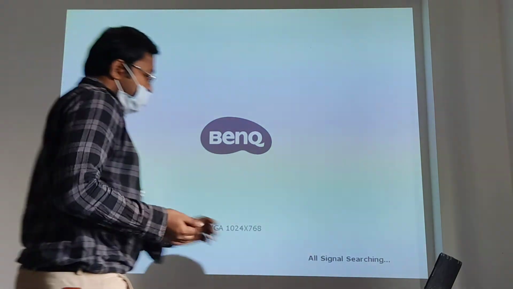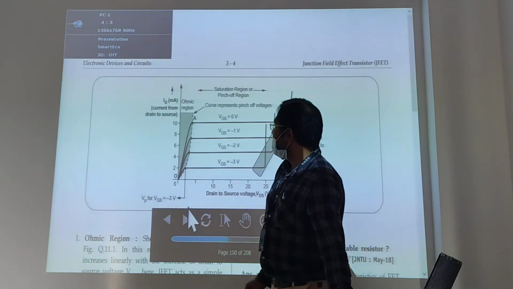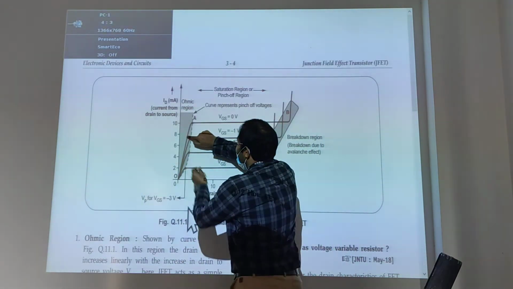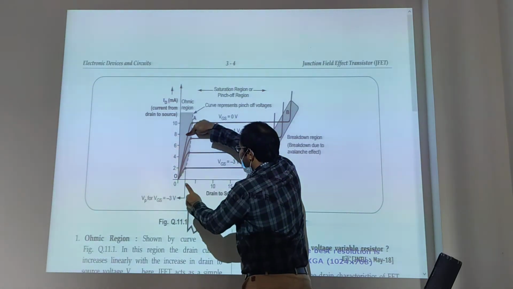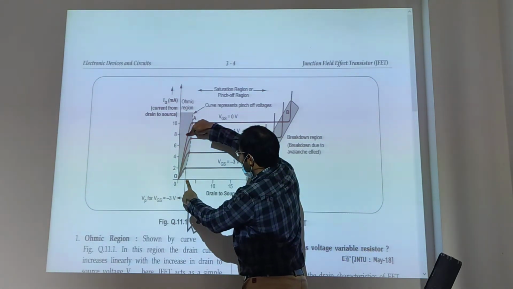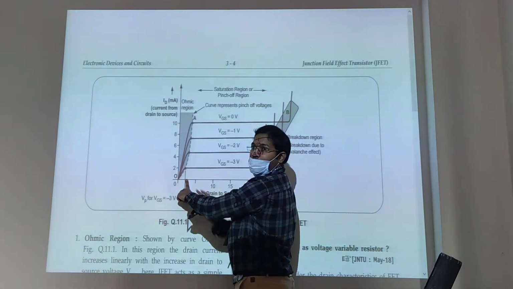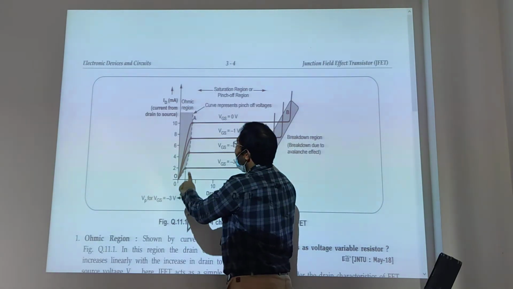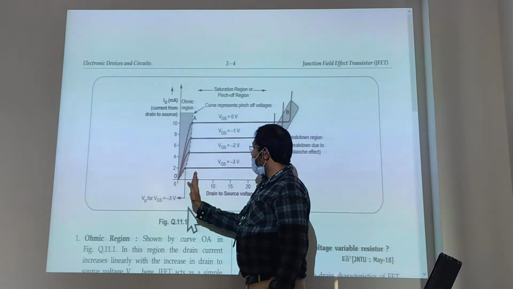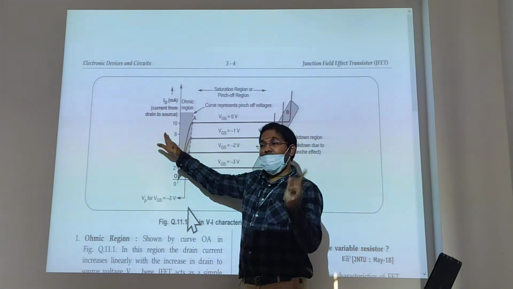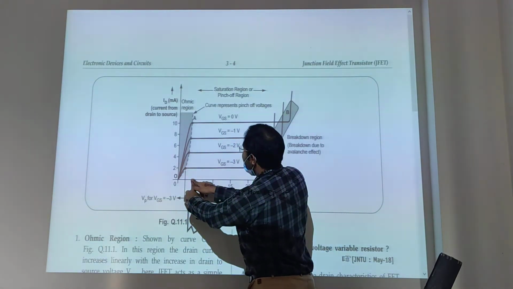So here, suppose I take this point, say the corresponding x value is here. If this is 10, if this is 5, say this is 2.5, and this is 8. So 2.5 by 8 will be equal to, let us take this point, right? So how much is this? 4.